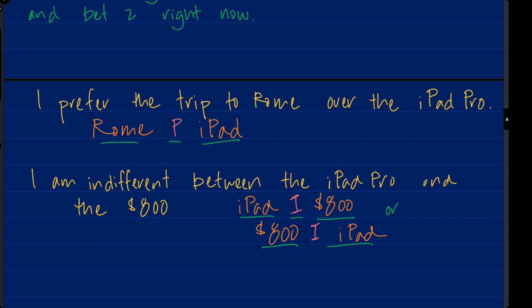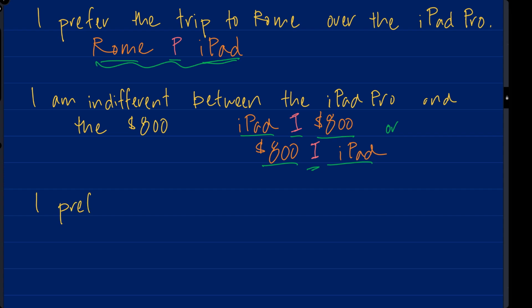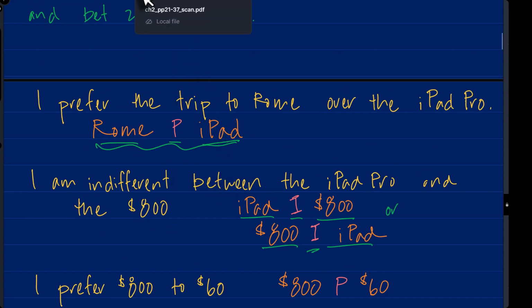It doesn't matter for being indifferent. Okay, and like most people, I prefer $800 to $60, which we can also write that way. Okay, so that's not all of my preferences, but that's some of them.